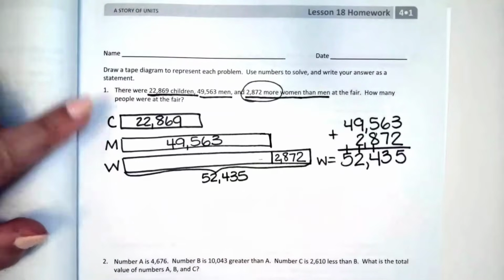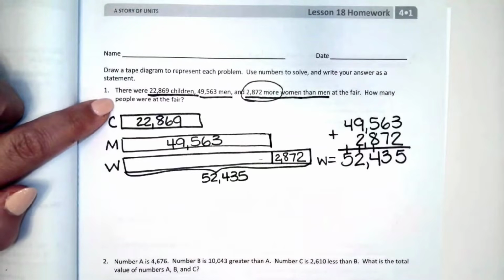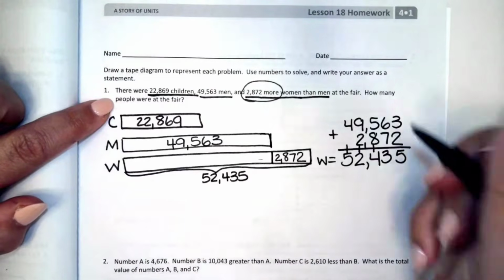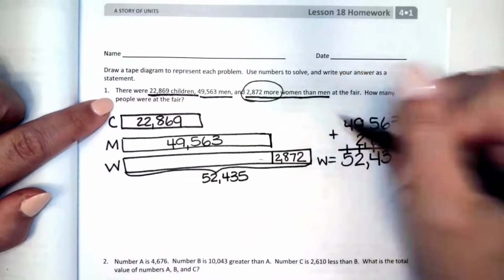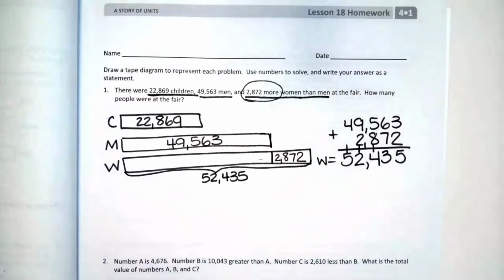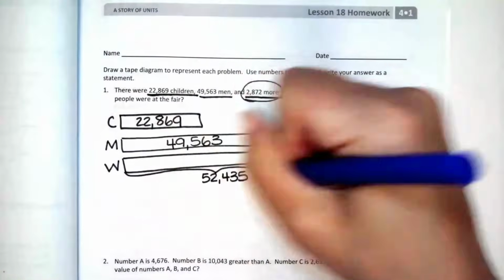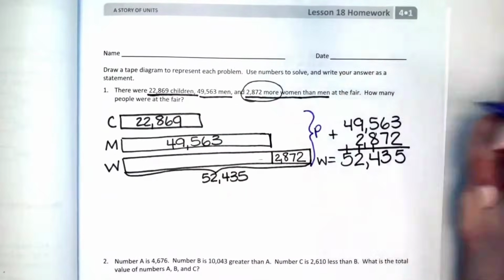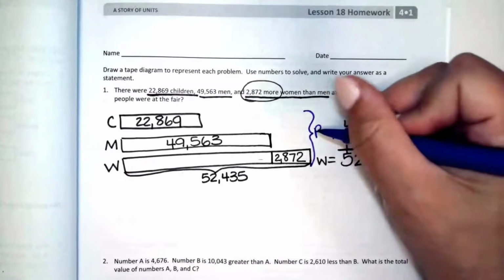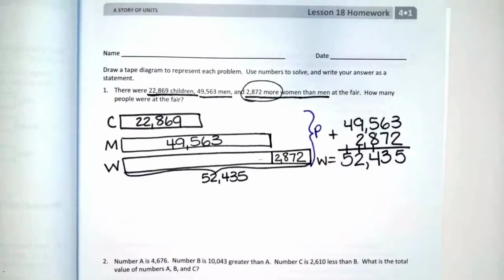Now we need to find how many people were at the fair. That means all the people all together for all three. So we will show that with a bracket on the side. That means all of these will label P for people. We need to find out how many people in all.